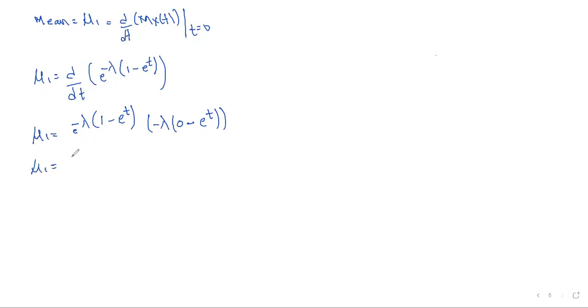Then, 1 minus e power t multiplied by the derivative inside: minus lambda into 0 minus e power t, where the two minuses cancel. This will be lambda into e power t. Then the rule is to put t equal to 0 wherever you have t. So mu1 equals e power minus lambda into 1 minus e power 0 multiplied by lambda into e power 0.